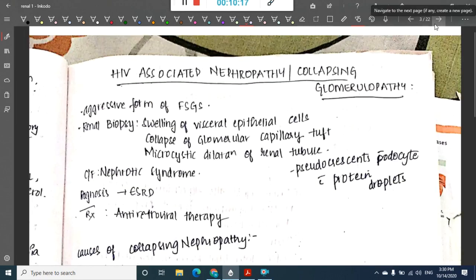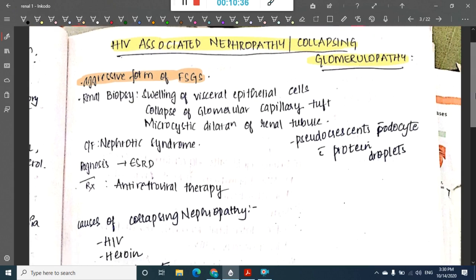Then we will learn a few points about HIV associated nephropathy or collapsing nephropathy. It is an aggressive form of focal segmental glomerulosclerosis. I will show you the focal segmental glomerulosclerosis also.